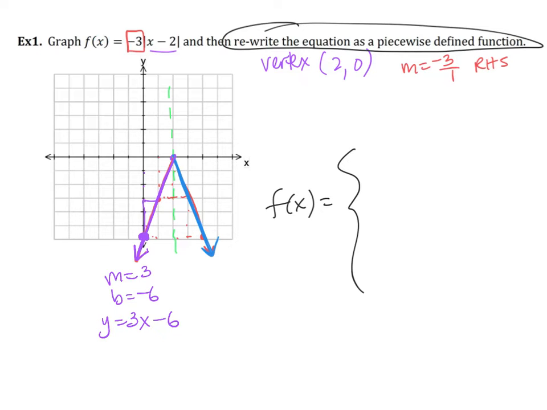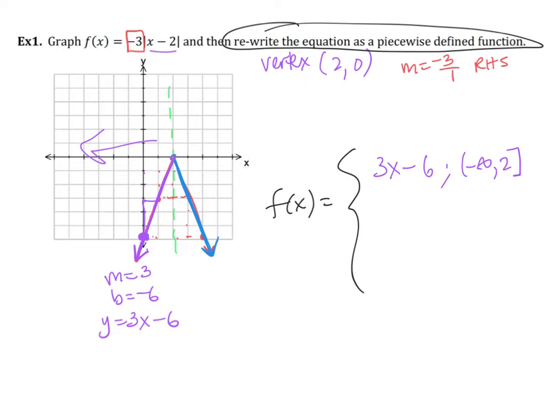But that is only for the left-hand portion of this graph, so we're going from negative infinity to 2. I put 3x minus 6, and right beside that I identify the domain, which is for negative infinity to 2.